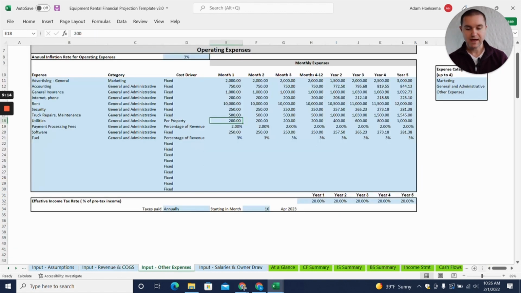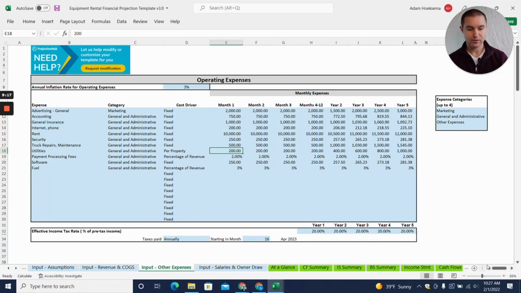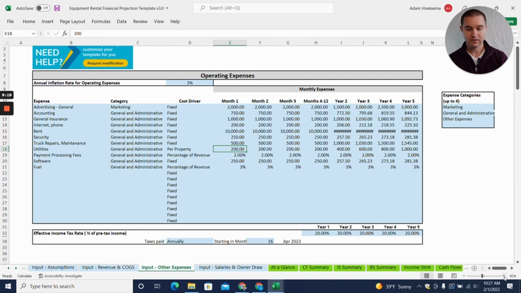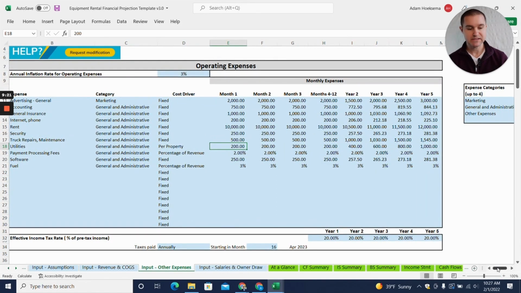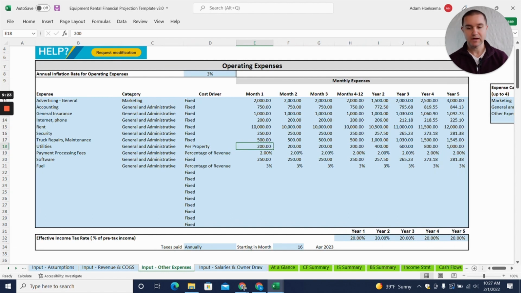Once you're done with that, we're going to jump over to our Input Other Expenses tab, where you can input expenses like your accounting, your general insurance, internet, rent. So if you're renting a facility, your truck repairs, utilities, payment processing fees, fuel, and you can put these things in as a percentage of revenue or a fixed dollar amount here, or a per property cost.